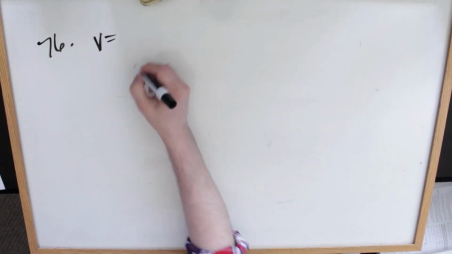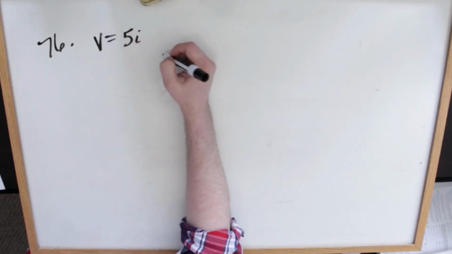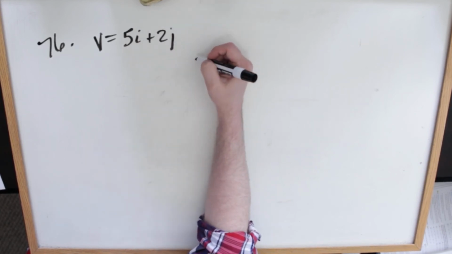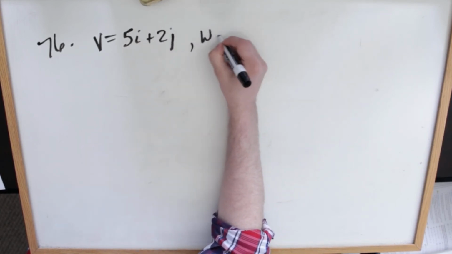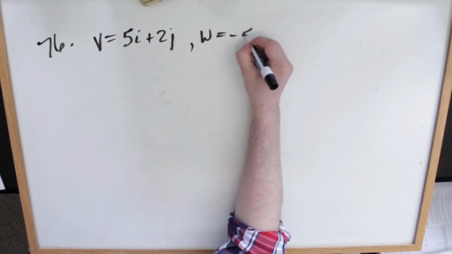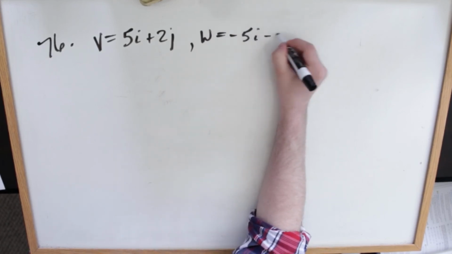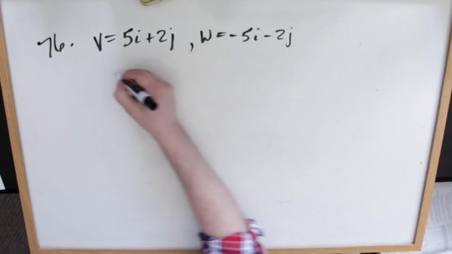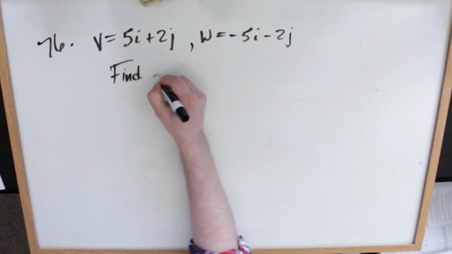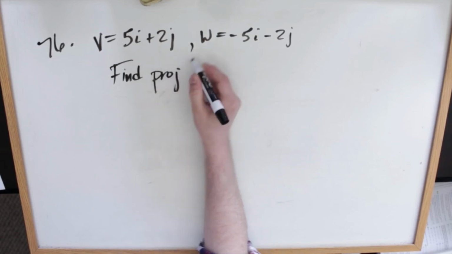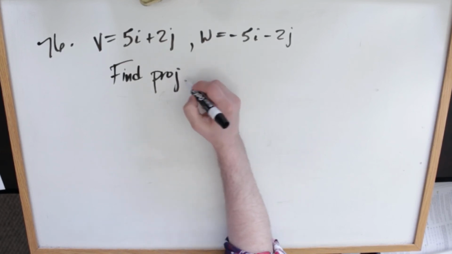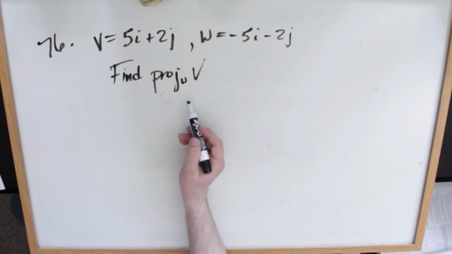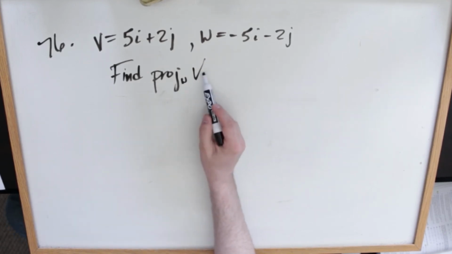V is equal to 5i plus 2j, and W is equal to minus 5i minus 2j. And they want us to find the projection of V onto W. So that's how you read it. The projection of V onto W.